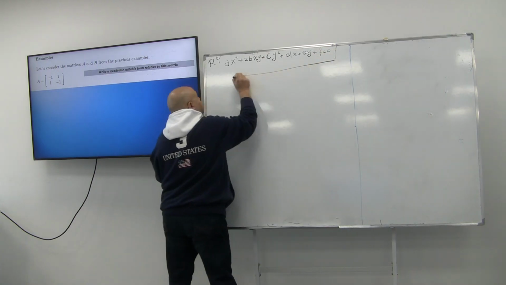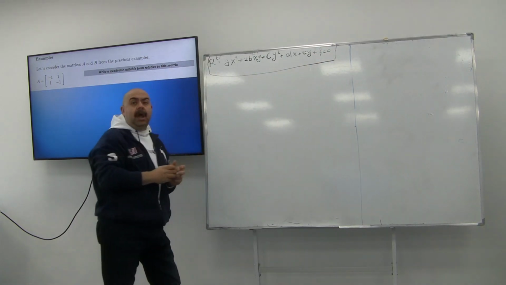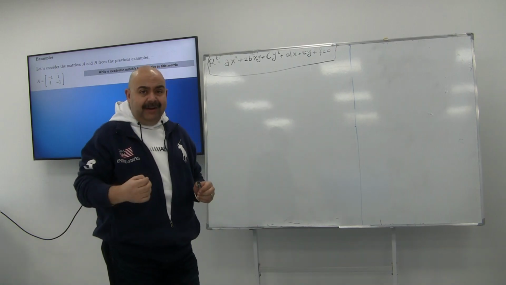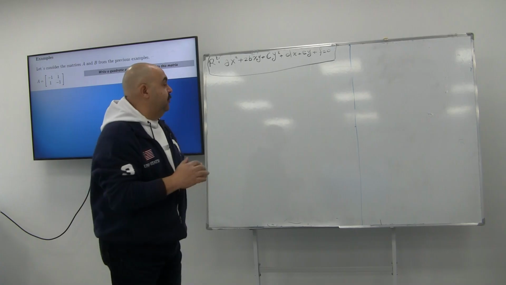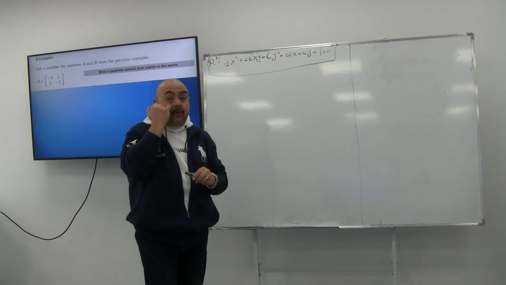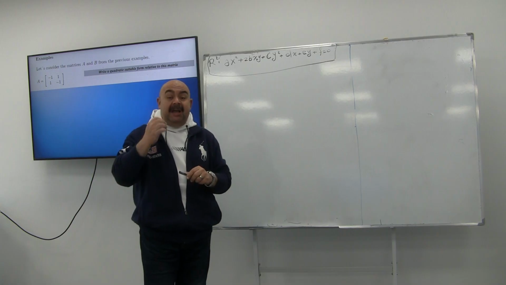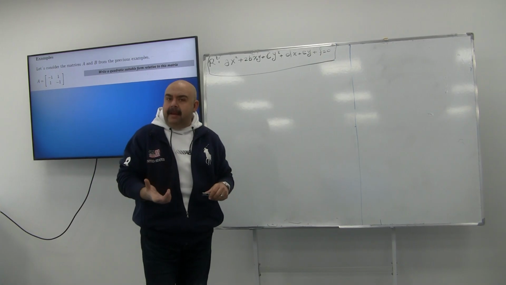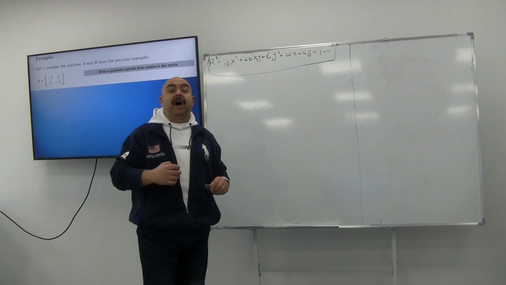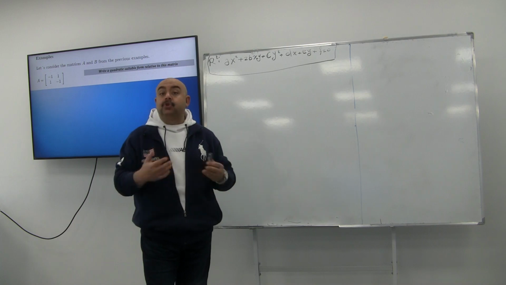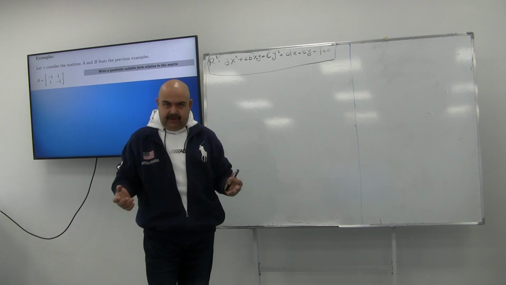This is what's called a general quadratic form in R2. If you take a good look at this quadratic equation in R2, it could be the equation of a circle, an ellipse, a hyperbola, a parabola, and so on. It could be a lot of things.